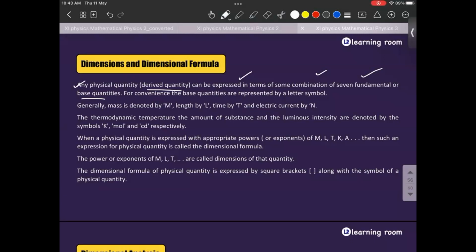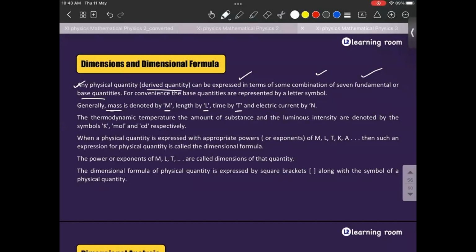For convenience, mass is denoted with capital M. If you write capital M in a dimensional formula, the person who is seeing your paper will understand that this particular physical quantity depends on mass. Similarly, you write L for length and T for time.